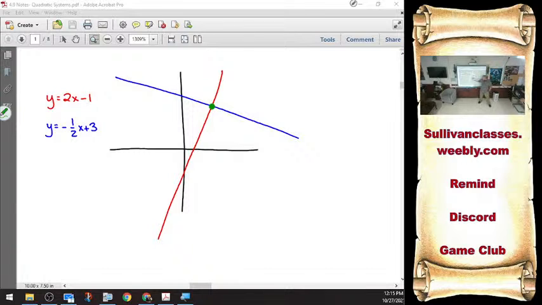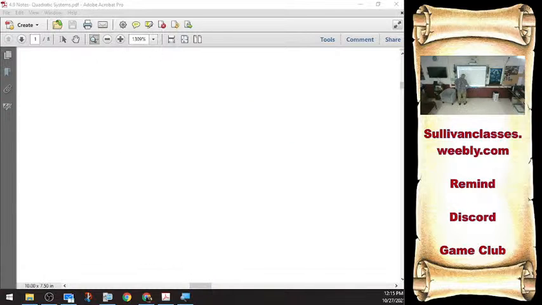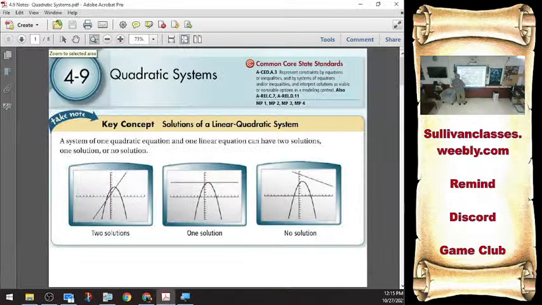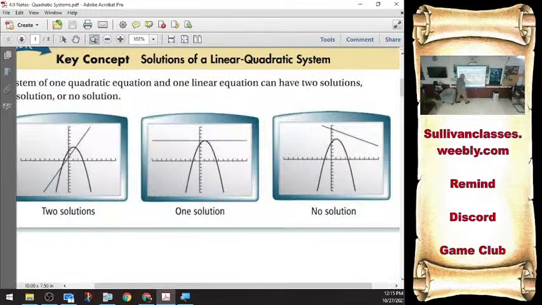So when I have the graph of one equation and the graph of another equation and they happen to intersect, that is the point or points that will make both of them true. So far we have only done that with lines. But now we're going to do it with parabolas, having done all this work with quadratics.